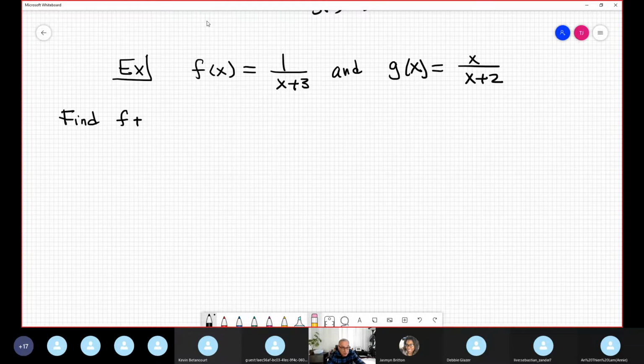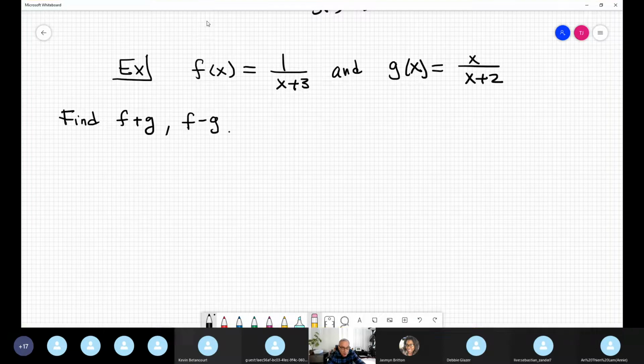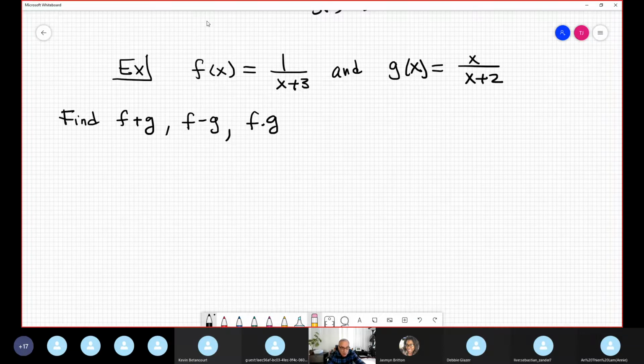Find f plus g, f minus g, f times g, and f divided by g. An important part is the domain. Okay, by the way, let's do the domain of f.